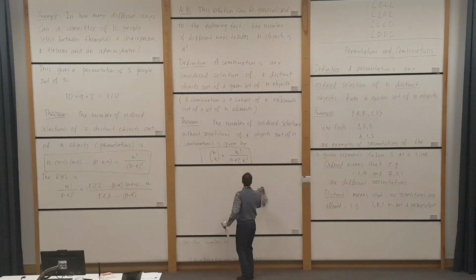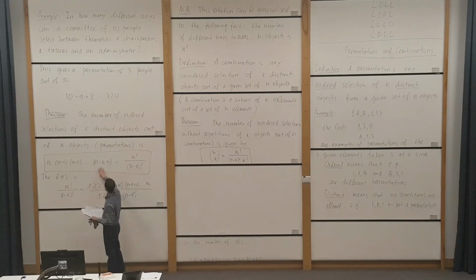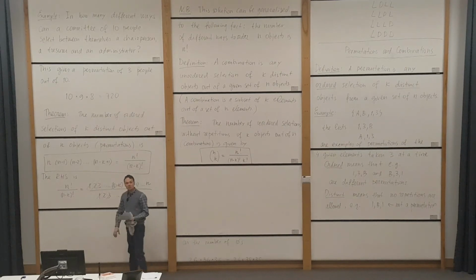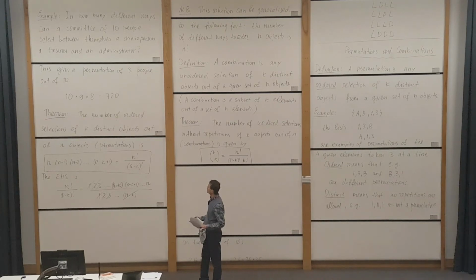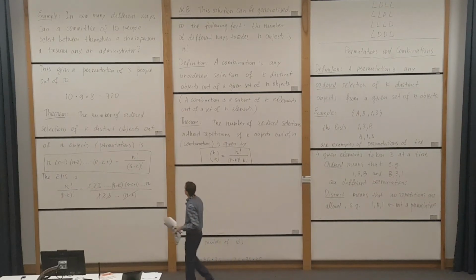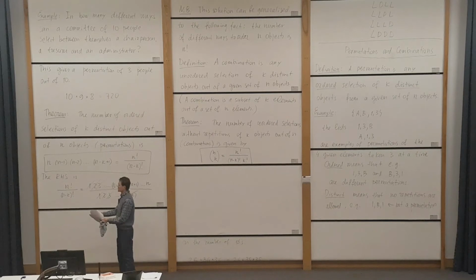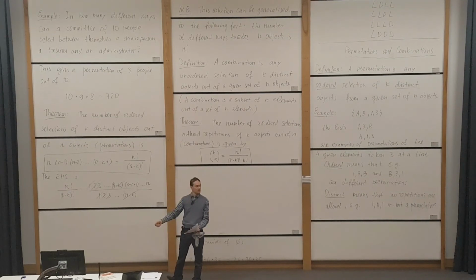Okay, so how can we argue here? Well, let's go back to counting permutations. We can think of having a permutation as a two-stage process. I have to select my objects first, k objects, and then I have to pick an order. When I select my objects, it's like selecting a combination, just selecting a subset. And then separately, I order them in some way.